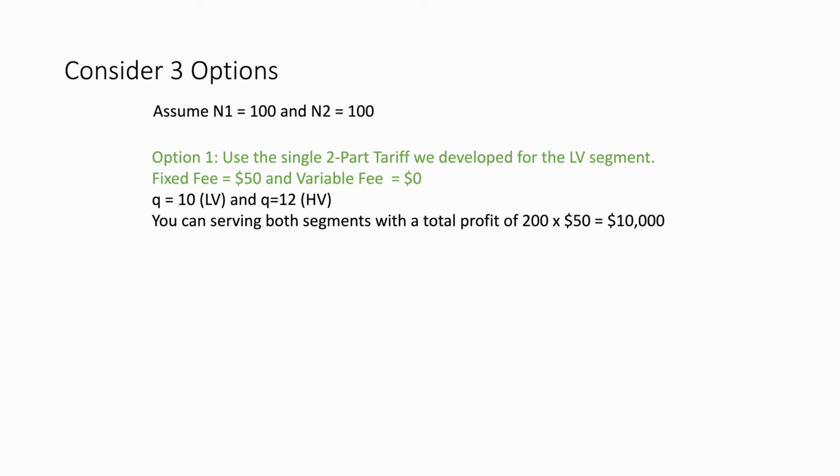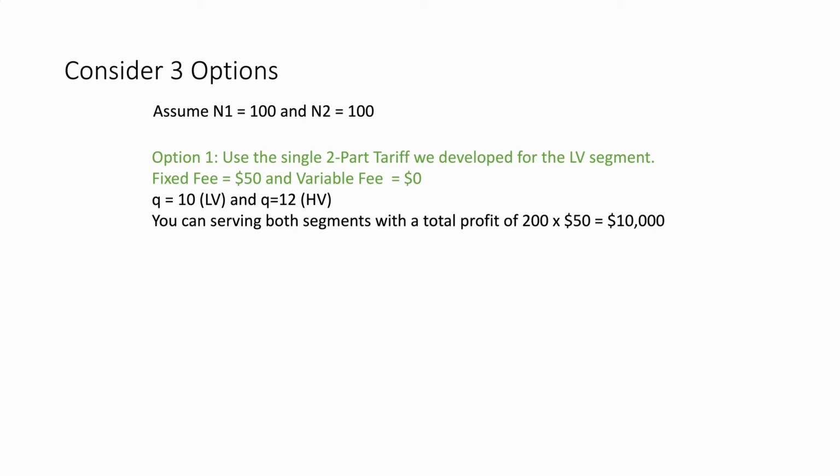Now let me recap quickly on the three options that we have discussed so far. For simplicity, we assume the two segments are both of size 100. So for option 1, we use the single two-part tariff for the low value segment, with a fixed fee of $50 and a variable fee of 0.